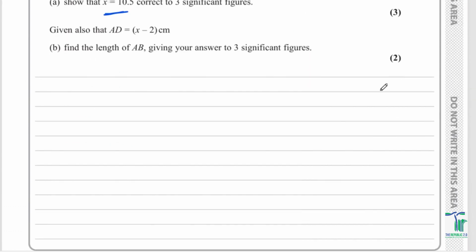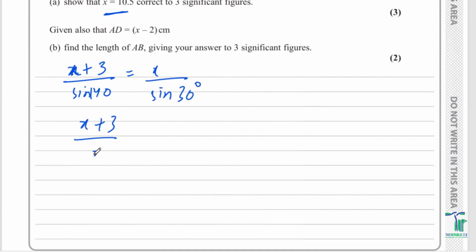The sine rule says x plus 3 upon sine 140 equals x upon sine 30. By cross multiplying, you would have x plus 3 divided by x equals sine 140 divided by sine 30.